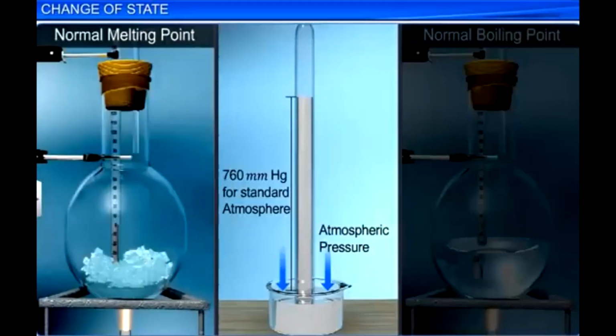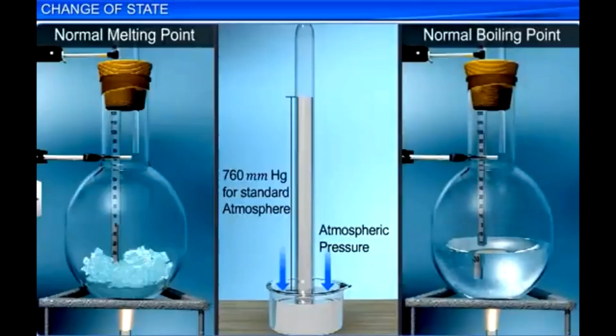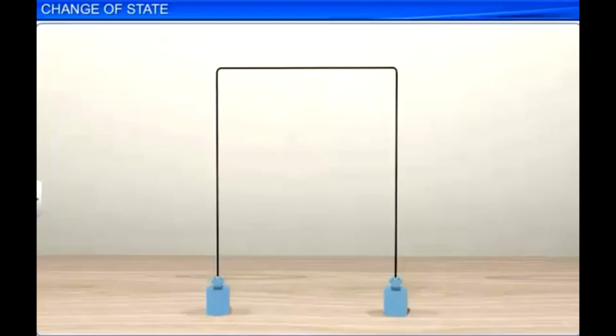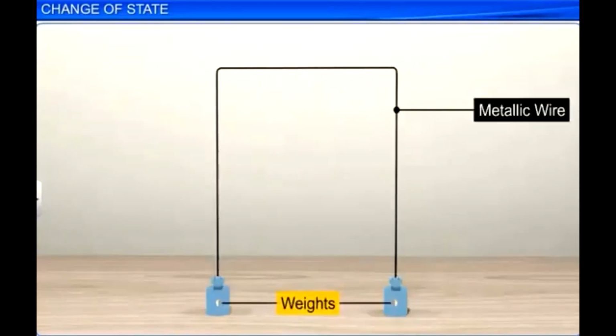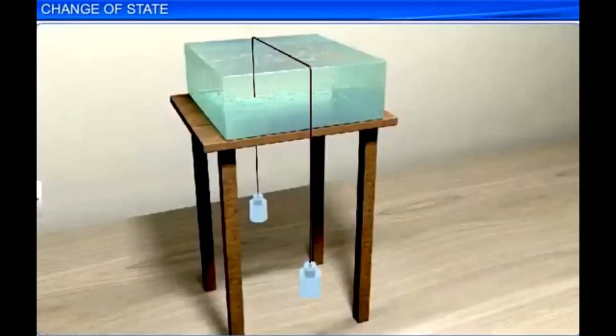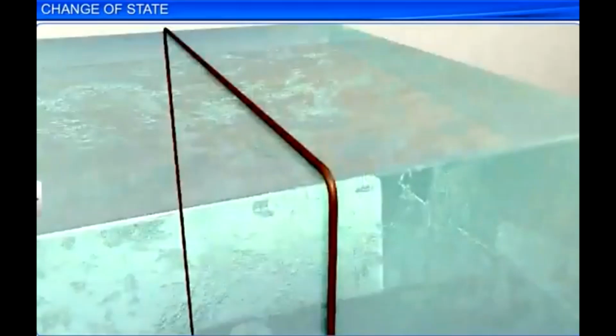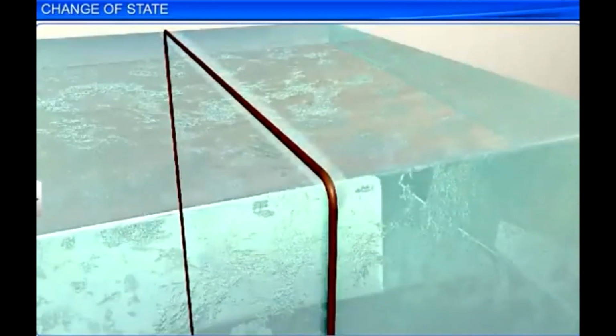For example, the melting point of ice decreases with an increase in pressure. If a metallic wire with 2 masses tied to both ends is placed on a slab of ice, we observe it passing through the slab.